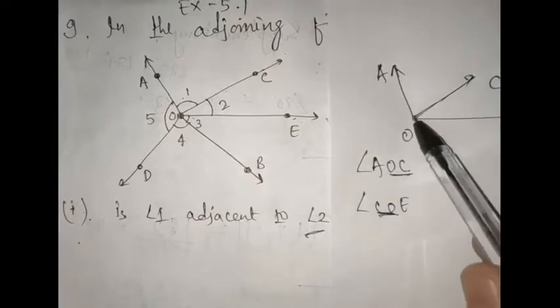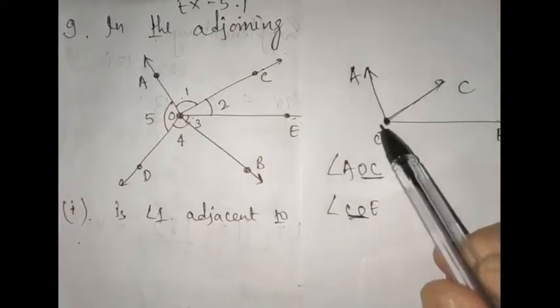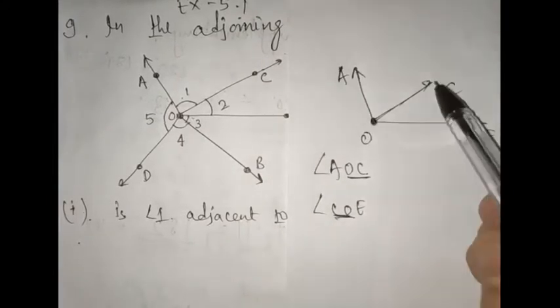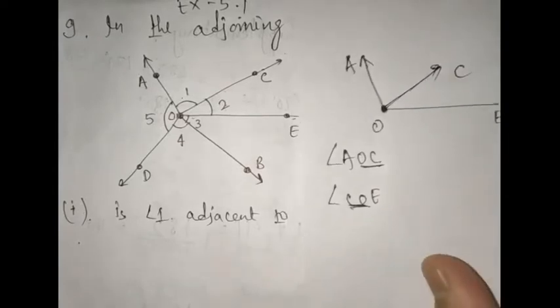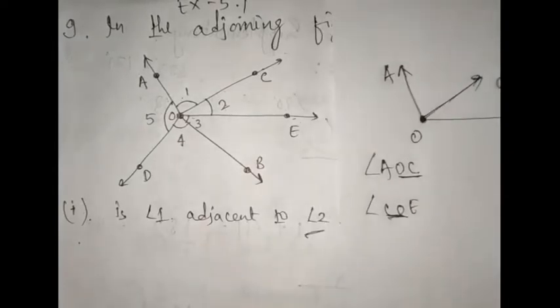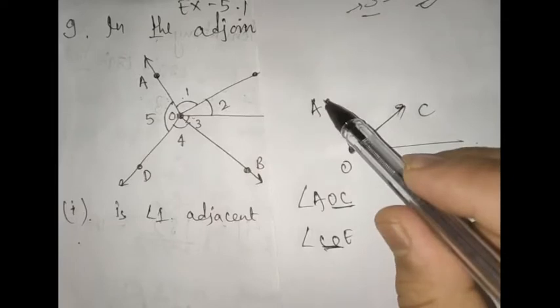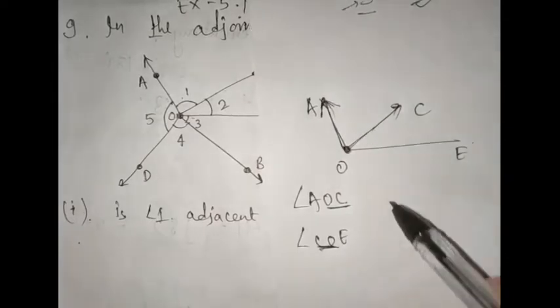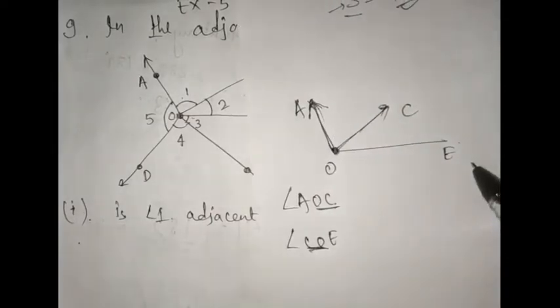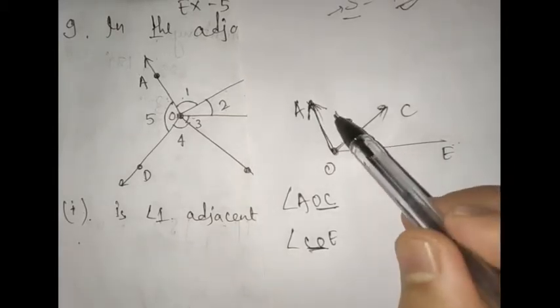And they have a common vertex: all are originating from and meeting at O. Another thing, the uncommon arms are OA and OE, and they are on the other side.